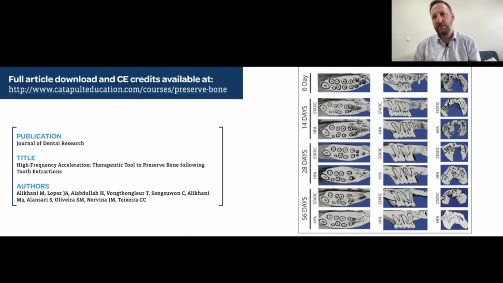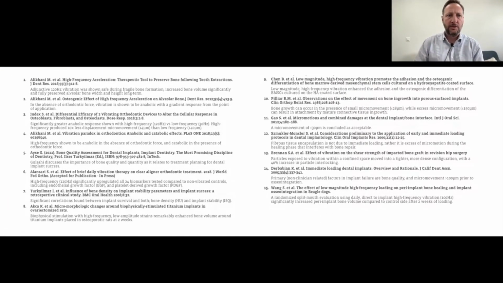So for cases where you need to extract and later place an implant, this is a good tool to use, and it justifies even more for patients who are going to do ortho plus implants to have this device in the treatment. If you want to take a print here, we have several references for you to study more.